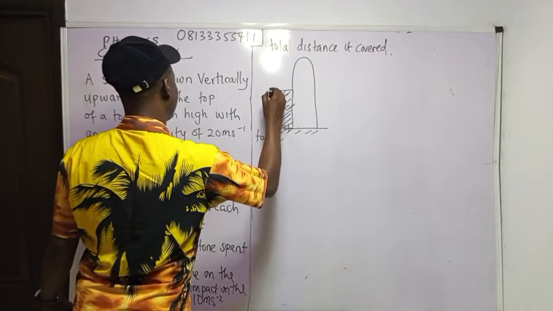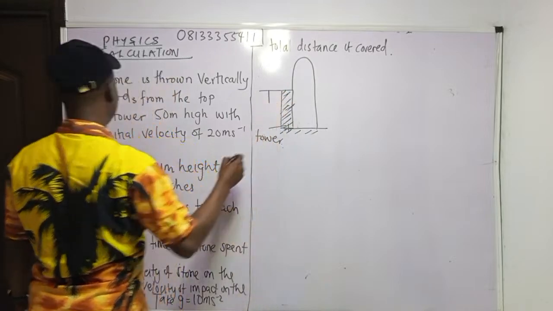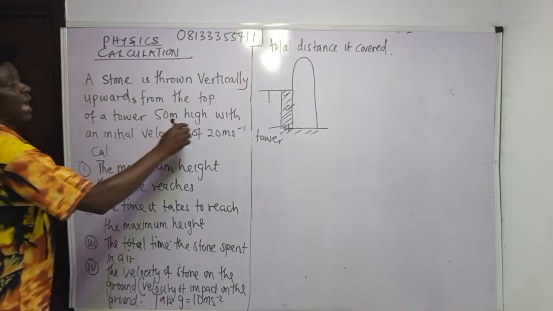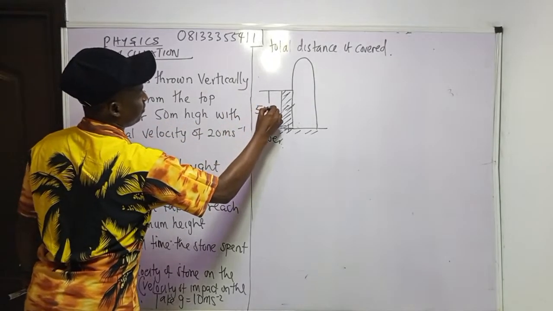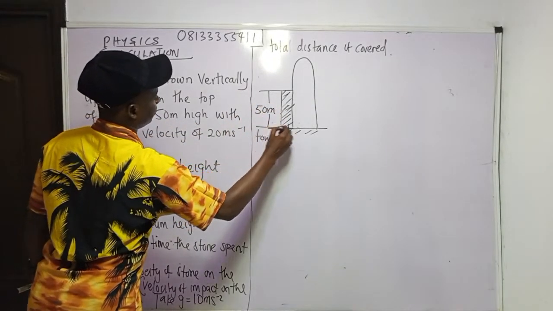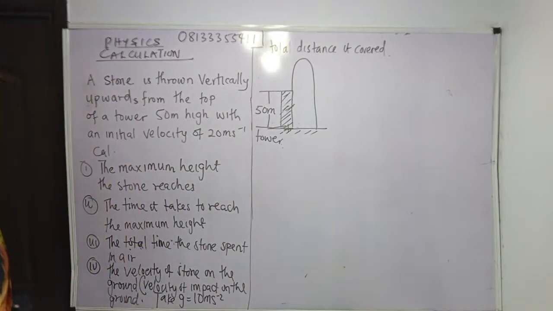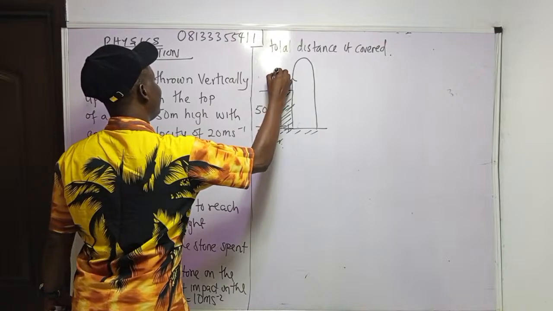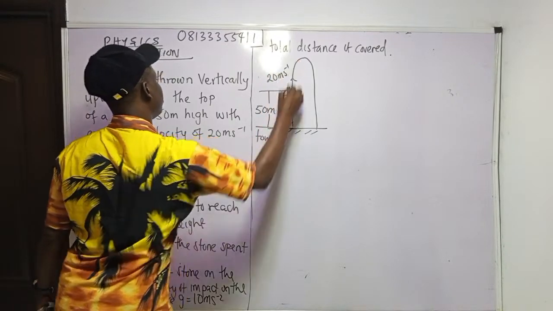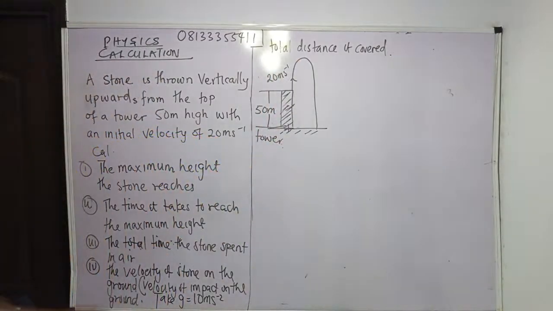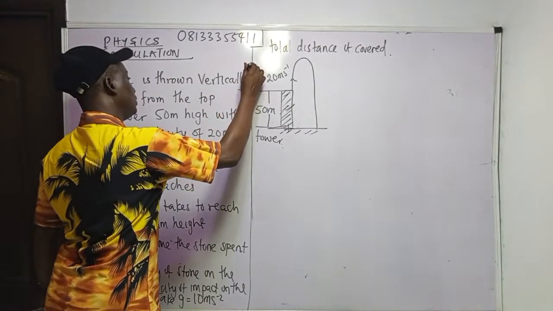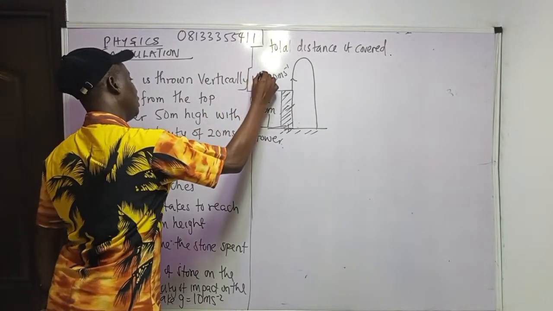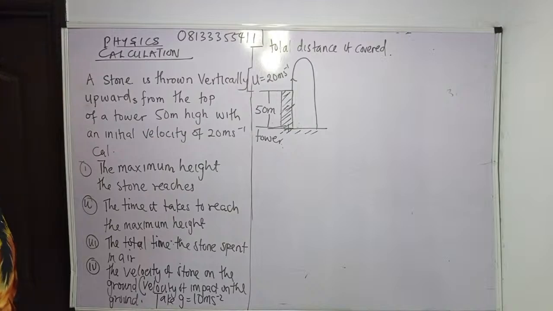The tower is 50 meters high. Since it's 50 meters high, it was projected with a velocity of 20 meters per second. That is the velocity of projection, U. Now they say calculate the maximum height reached.